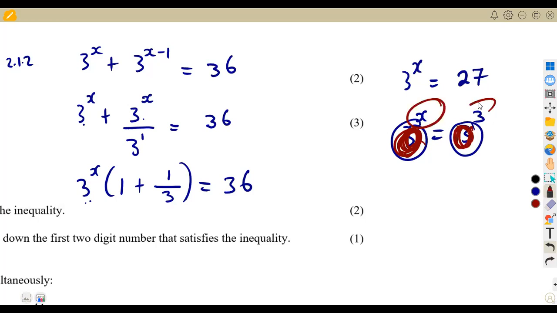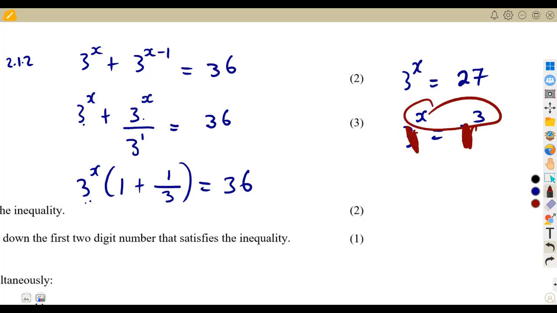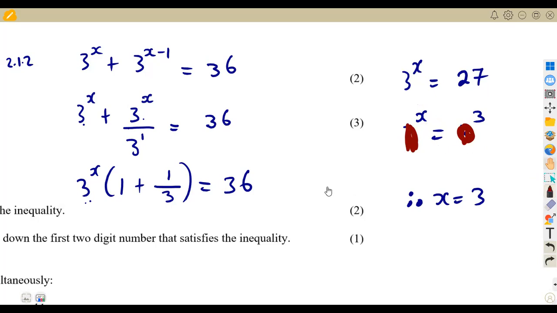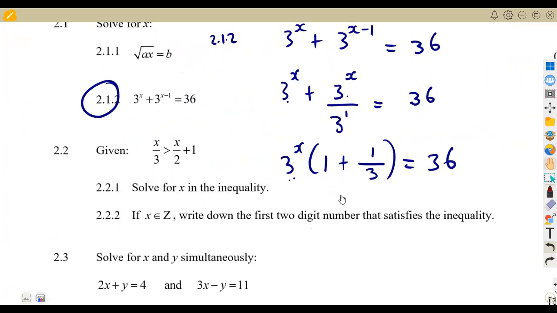Because we have got the same values, 3 and 3 here, you equate your exponents at the end. So therefore our x is going to be equal to 3. You just equate your exponents if the bases are the same. So that is how you could have calculated the value of x, and as you can see, it's direct.